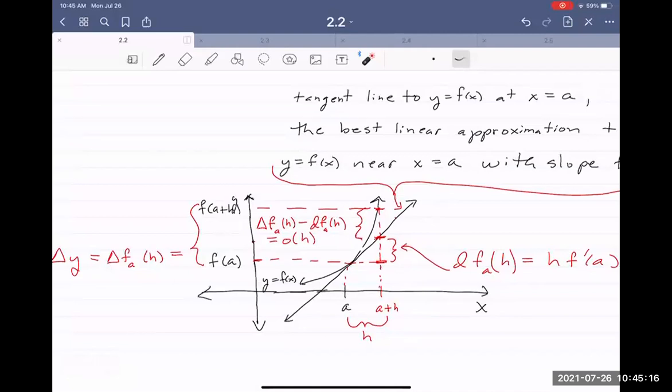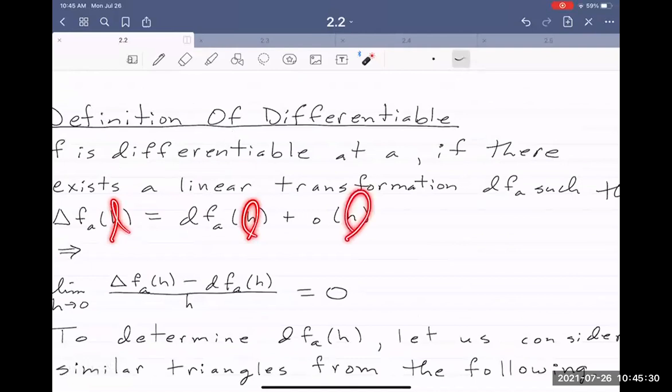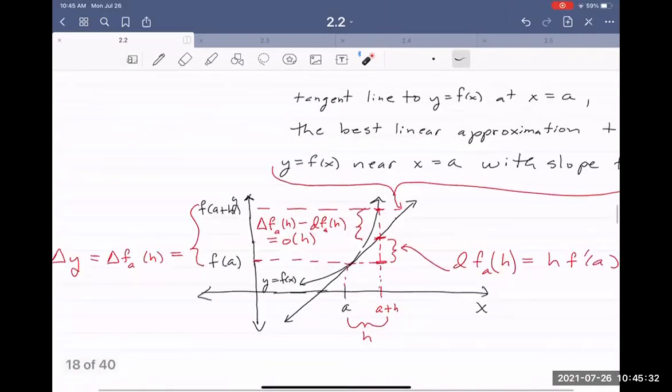That's this whole distance here, this whole quantity here. This is my h.